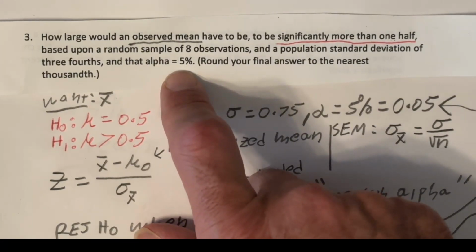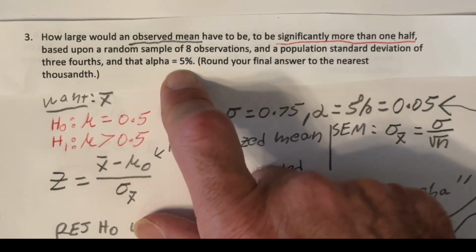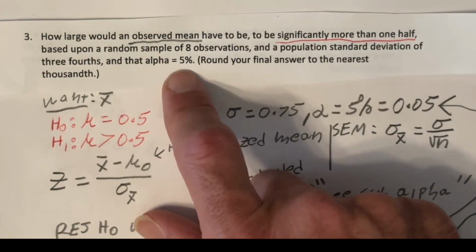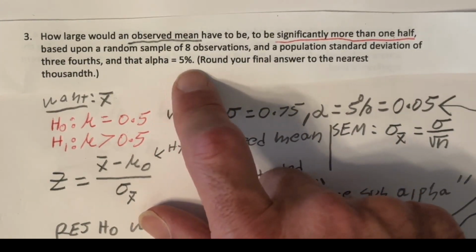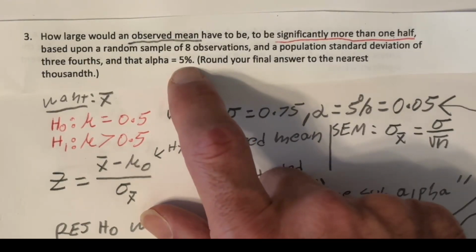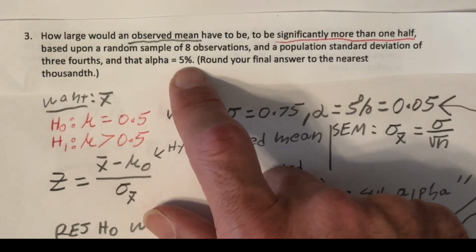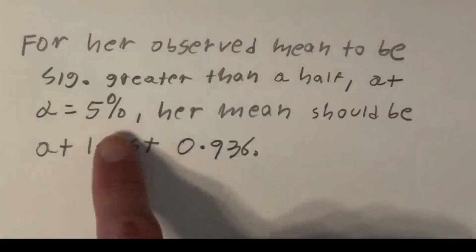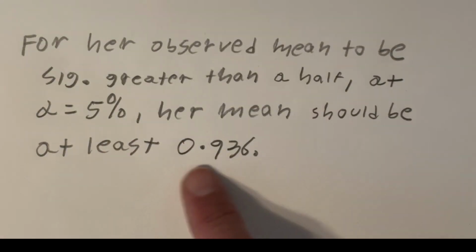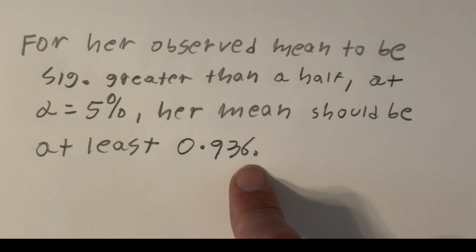I'm not going to have to rewrite a whole question, but it is a whole different question. So the professor changes the 5% to a 1%. Right? So 1% is smaller than 5%. So here's my question. Is this going to be larger or is this going to be smaller?